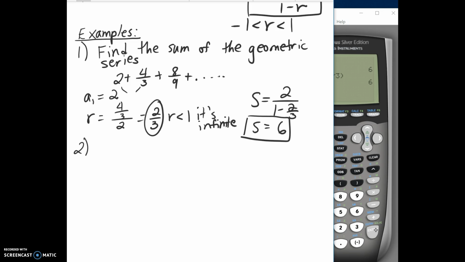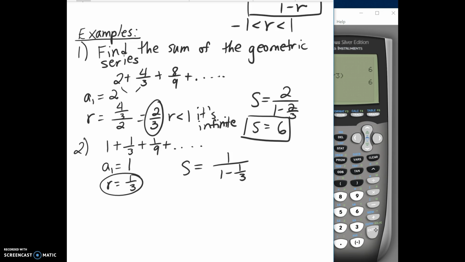The next 2 are also finding the sum of the series, so I'm not going to repeat those directions. Here our first term is 1. Our ratio in this case is 1/3, kind of an easy one to see. And then again, plug right into that formula, knowing it's infinite because this is between -1 and 1.